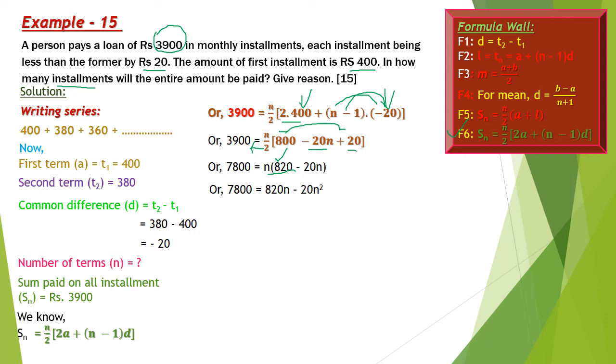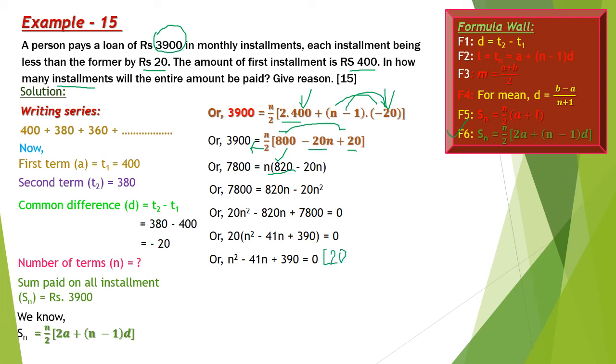Now all terms will go to the left hand side: 20n square minus 820n plus 7800 equal to 0. Now 20 will be common. In the bracket, n square minus 41n plus 390 equal to 0, as we know that 20 is not equal to 0.